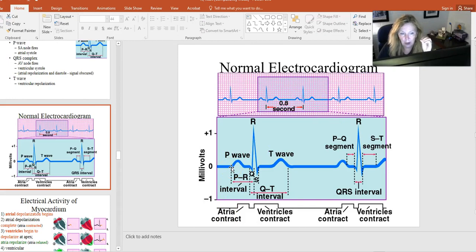The SA node fired, and the atria get the signal, and you can see the atria are going to contract. When the atria contract, that signal also got sent to the AV node. So that AV node is getting the signal. You see this QRS complex, which means the ventricles are now getting the signal, and the ventricles contract.